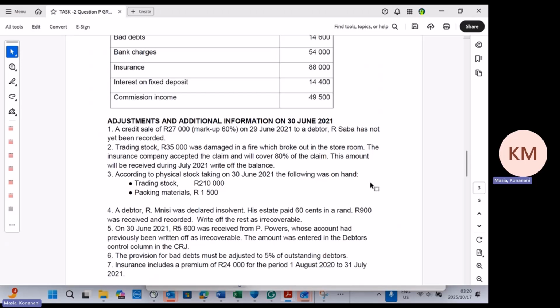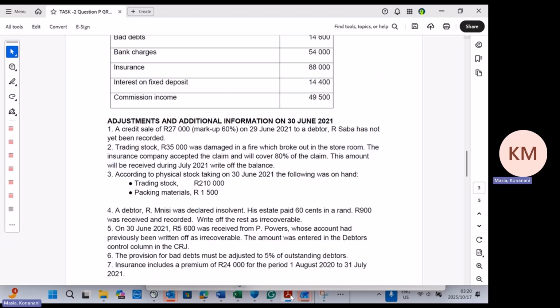This amount was entered in the debtors control account in the cash journal. So there is a recovered amount of 5,600, which was an expense in the previous years, but now this person managed to come back and pay. Therefore, I need to show this 5,600 as an income.